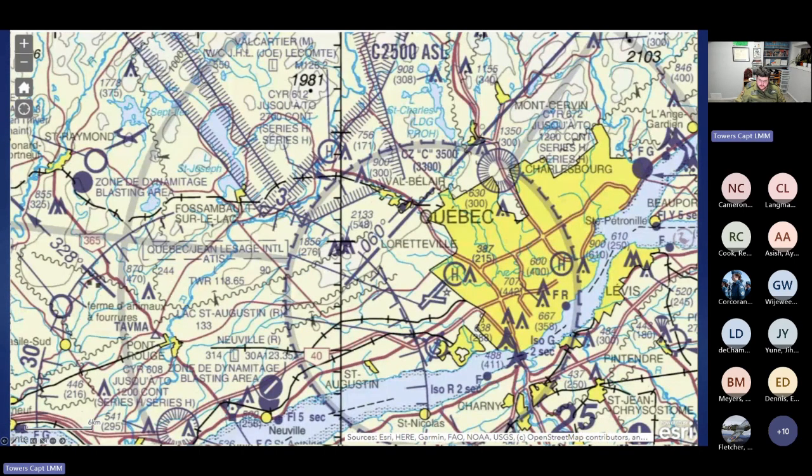Okay, and this is Quebec City. So here it should have numerous Class F restricted airspace. So right here, let's see, is this CYR 608? Okay, so CYR 608 is a prison here.